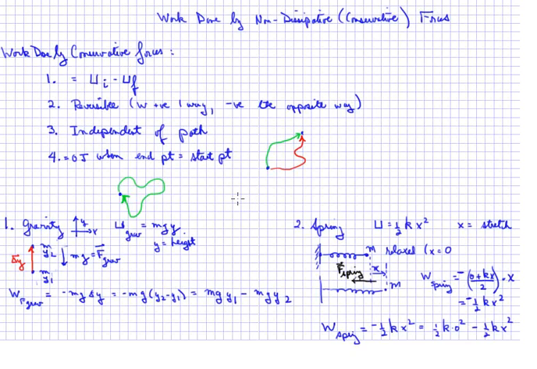Two examples that we'll look at rather closely of non-dissipative conservative forces are the gravity force and the spring force. So let's take a quick look at how those two work out. The potential energy function for gravity is mgy, where y is the height above the surface.